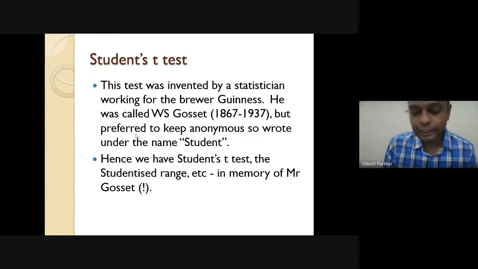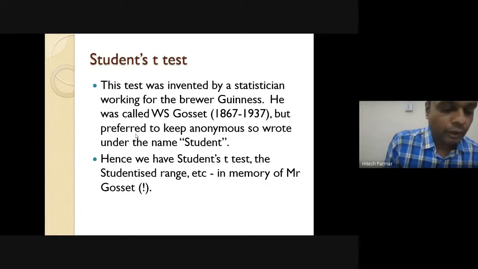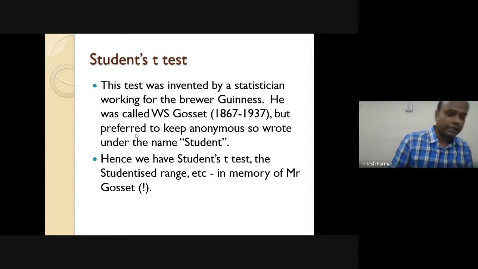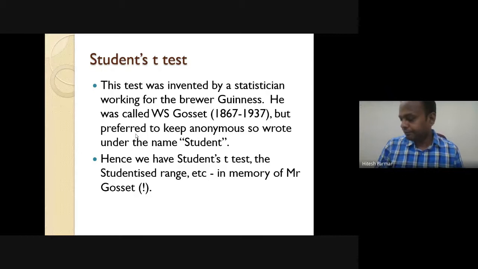So he thought, why shouldn't he start sampling at some small interval of time. So he started collecting samples at small intervals of time, and then he tested the samples.